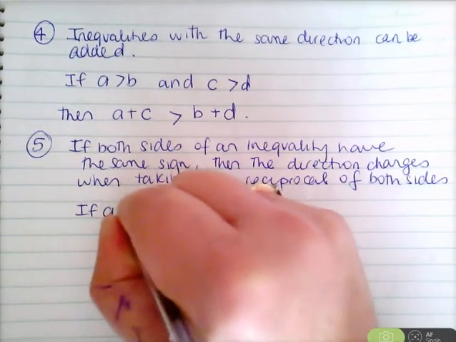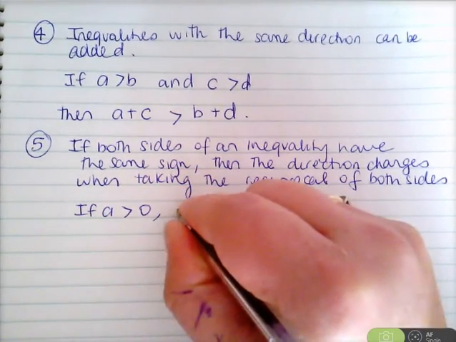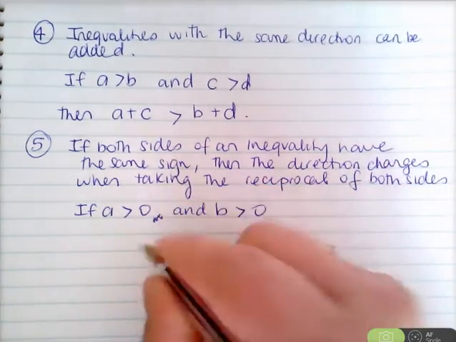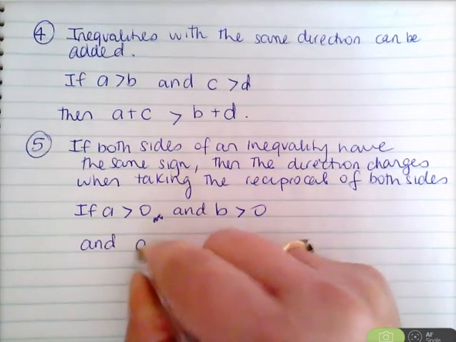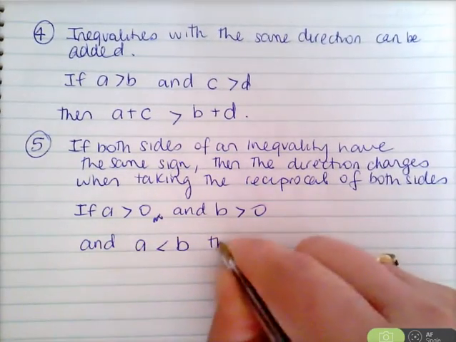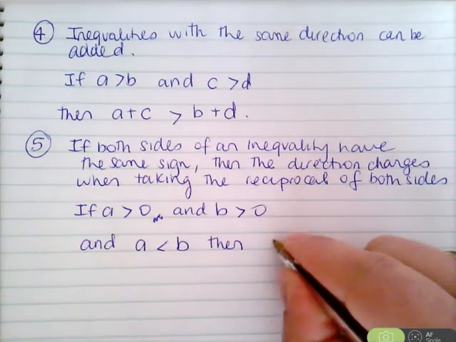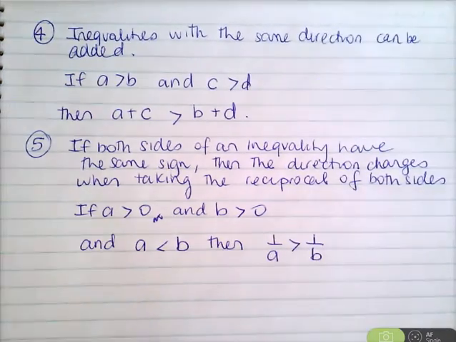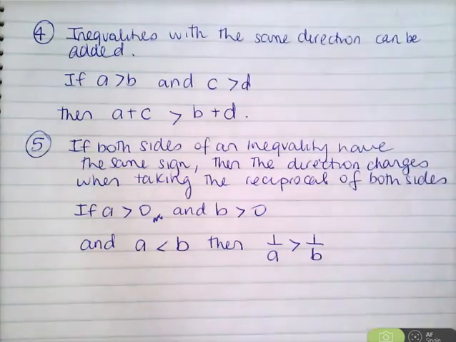So if A is greater than 0, in other words, if A is positive and B is positive, and if we know that A is less than B, then the reciprocal 1 over A is greater than 1 over B. Okay, so you must swap signs.